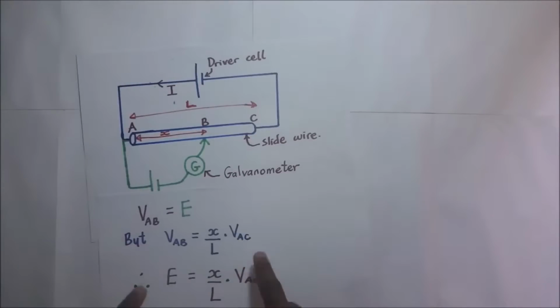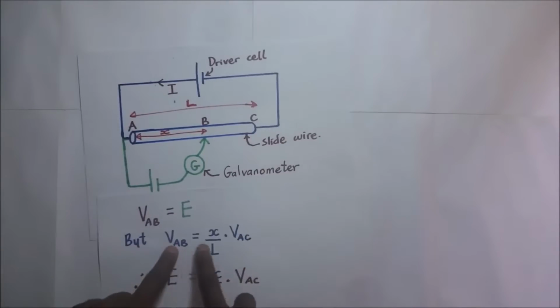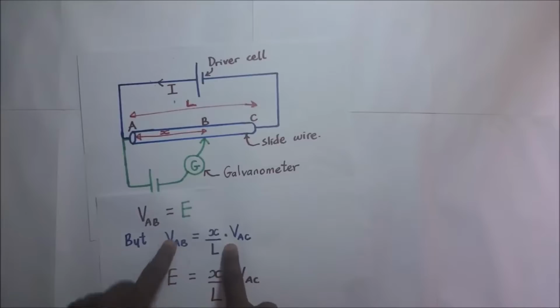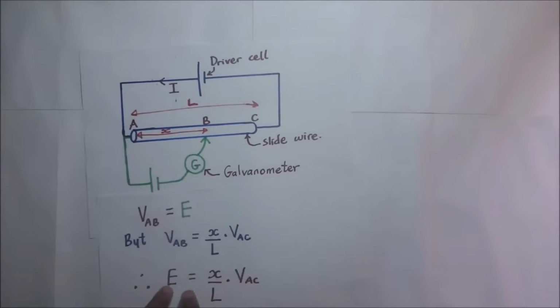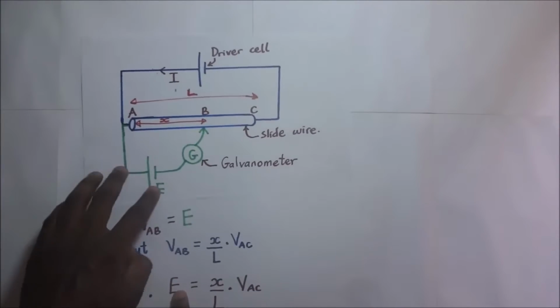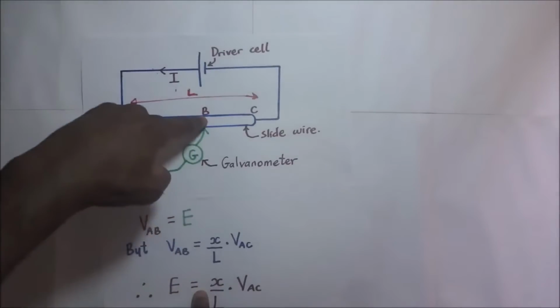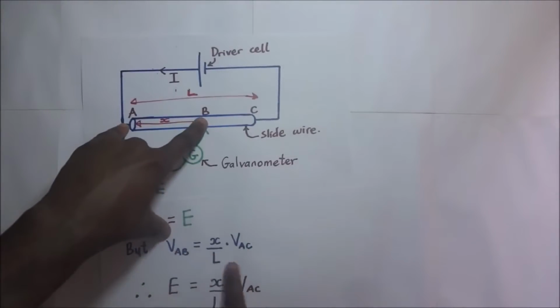We got this from our previous video, the principle of the potential divider. So the other way we can express the potential difference across AB means that our EMF E is equal to the PD across AB, expressed in terms of this.